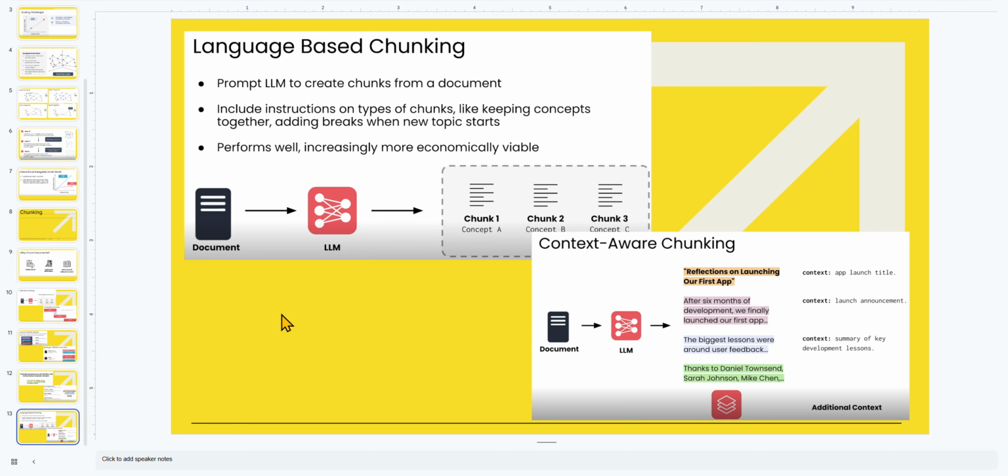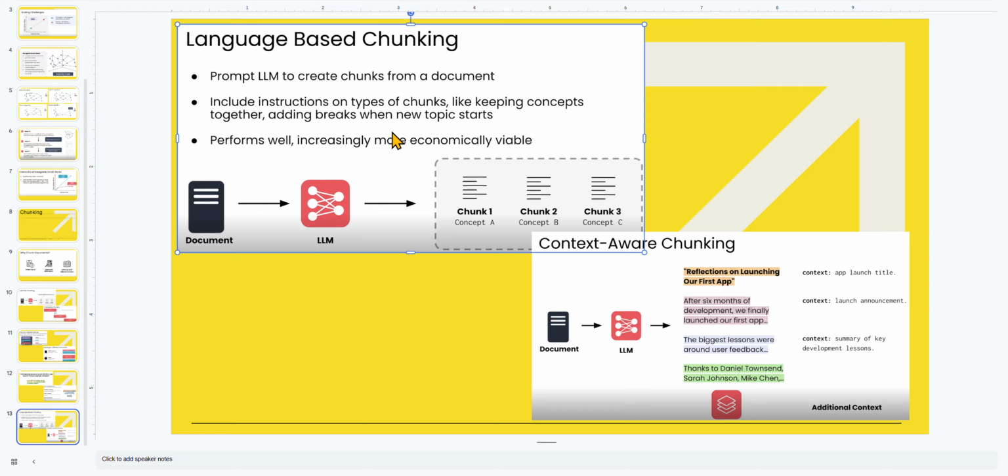So the LLM can do the chunking for us. Again, the performance here is very good, but then again, it's a huge cost, right? Because LLM queries are costly and also time consuming. So the performance is better, but if you have to use this strategy, it is a bit expensive and slow.